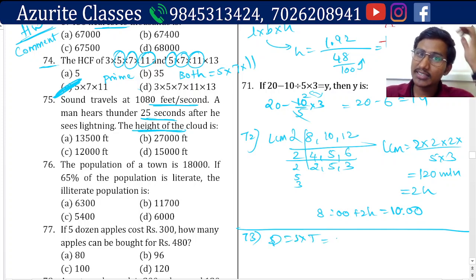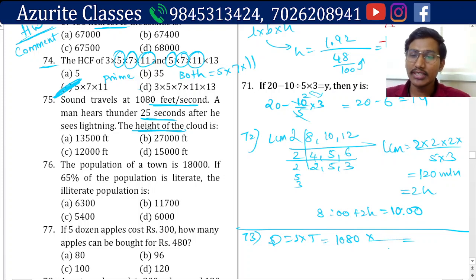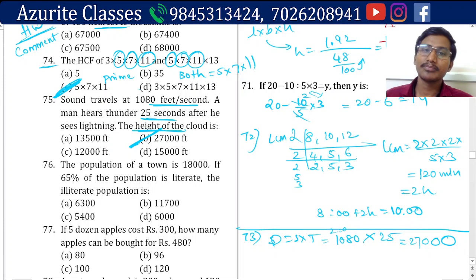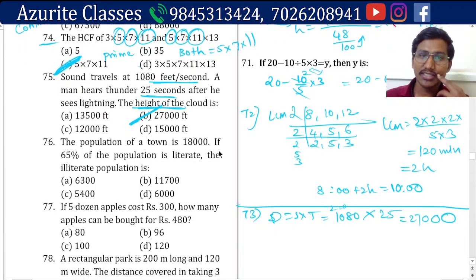Speed is 1080, and in 25 seconds it will travel how much? 25 fours are 100, so you can divide by 4 and multiply by 100, or directly multiply by 25. 25 eights are 200, carry 20, and 25 ones are 25, plus 2 is 27. So 27,000 feet. Option B is the answer for 75. Got it? Good.